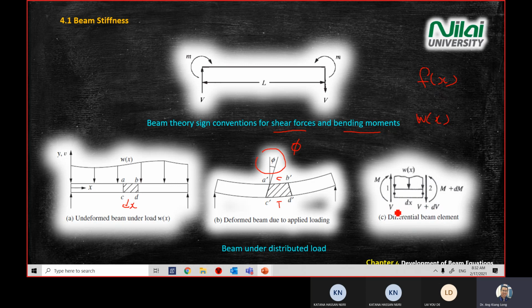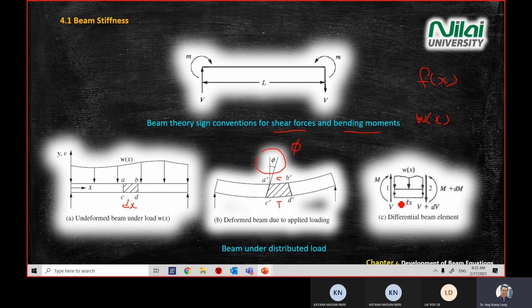Okay, so when we draw a free body diagram for a loading, we will have V on the left-hand side. After it crosses dx, a certain distance under the loading of Wx here, you will have a shear force plus dV, a little bit of additional shear loading.